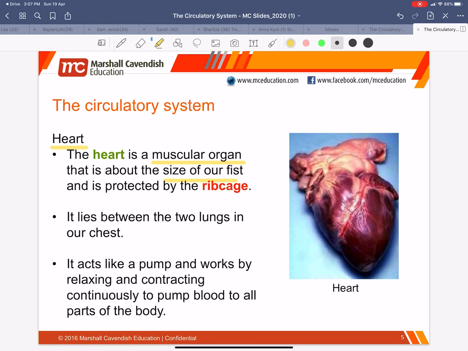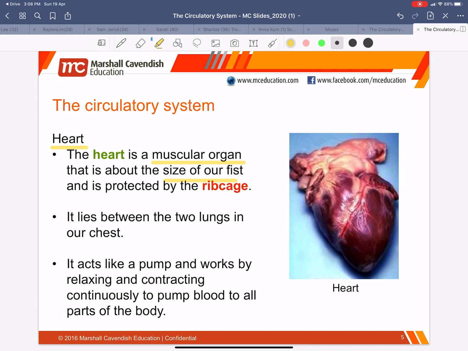Technically, it doesn't really reside all the way to the left. The heart actually is more or less in the center of our chest, but it's tilted, pointing towards the left. So hence we always say it's towards the left side of the cavity. But in actual fact, it's not really all the way to the left.